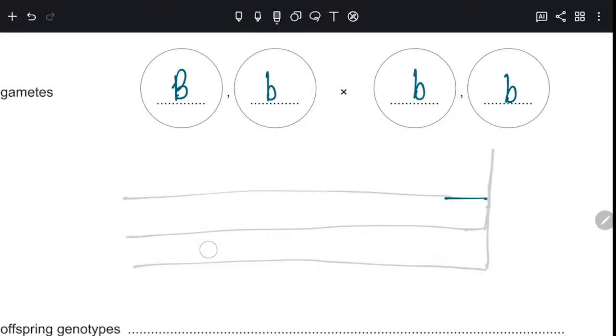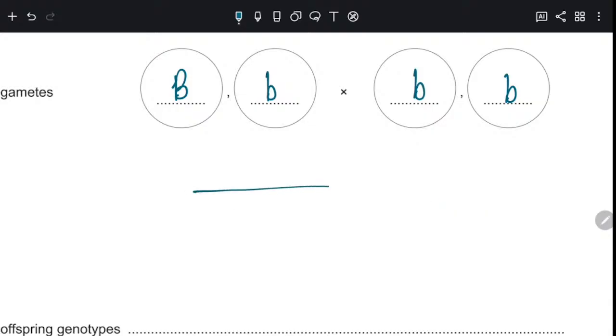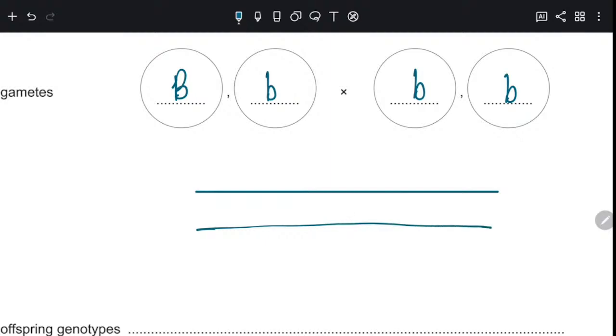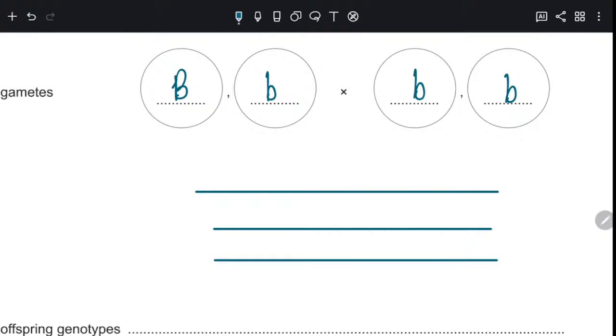Line number 1, line number 2, line number 3, which you connect nicely. Then you put line 2, a little bit far away like this. Then you put line 3.